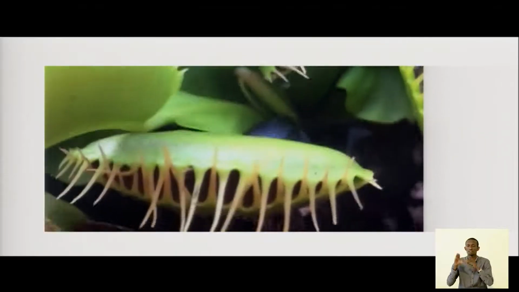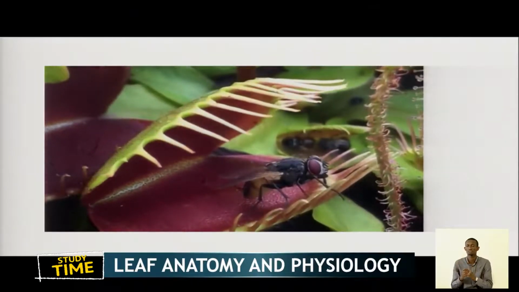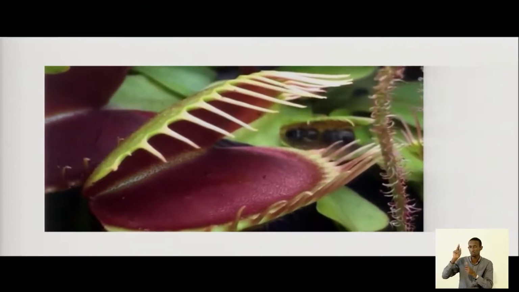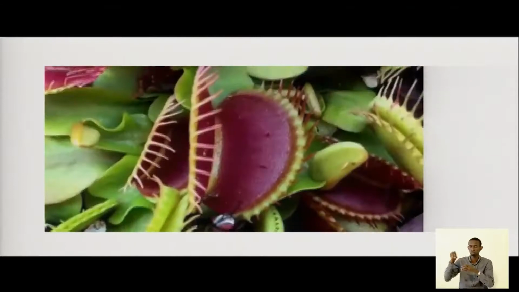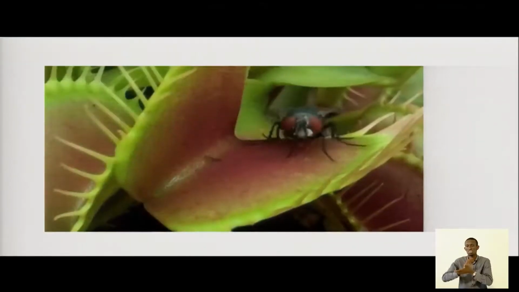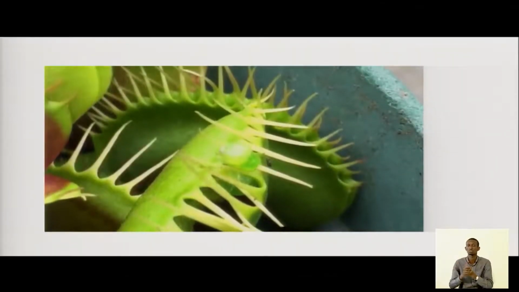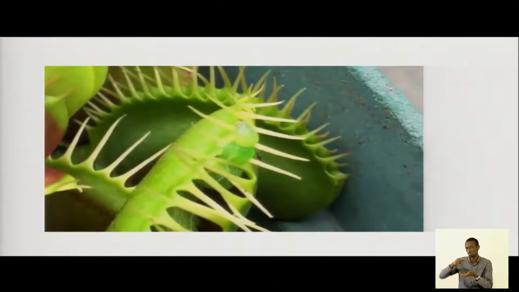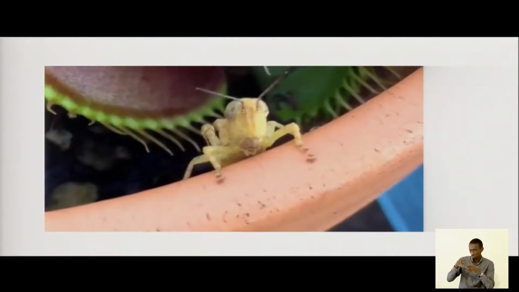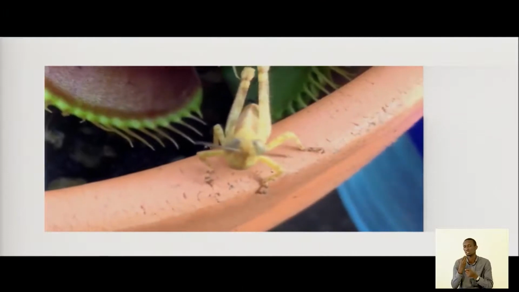As you can see, the insect has been trapped, and when the insect is trapped, the plant is going to release enzymes which are going to digest that insect by extracellular digestion. That means those plants are able to get nutrients like nitrogen from insects, which means those are insect-eating plants, or plants which are modified to trap insects and use them as a source of nutrients.